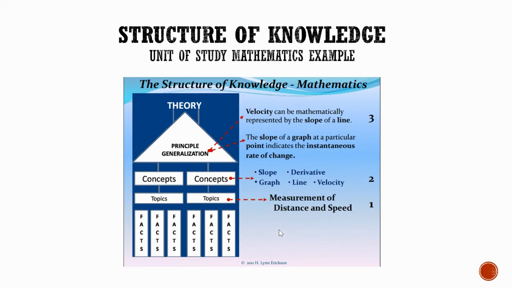Here is another example from mathematics, which illustrates the measurement of distance and speed using slope. Most of us remember learning about slope and doing pages of slope problems. However, completing assignments, engaging in problems, and graphing slope may not have helped us understand the real purpose and conceptual understanding that velocity can be mathematically represented by the slope of a line.